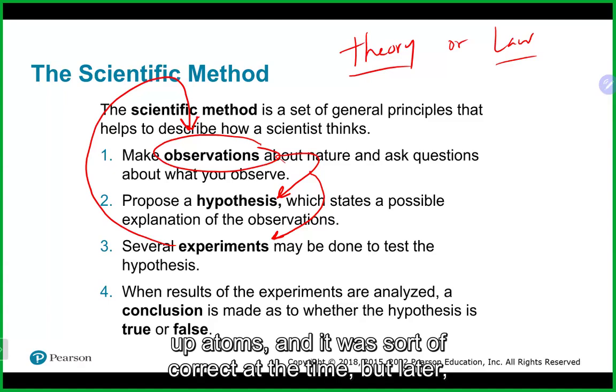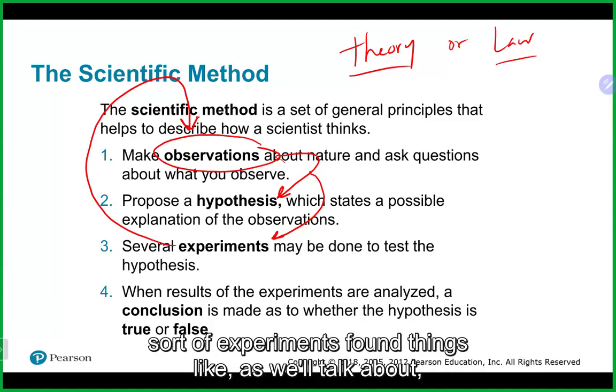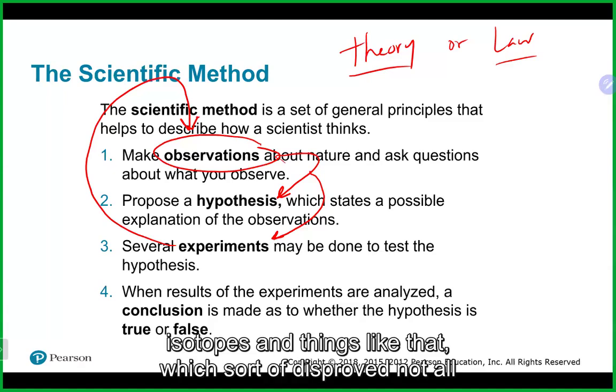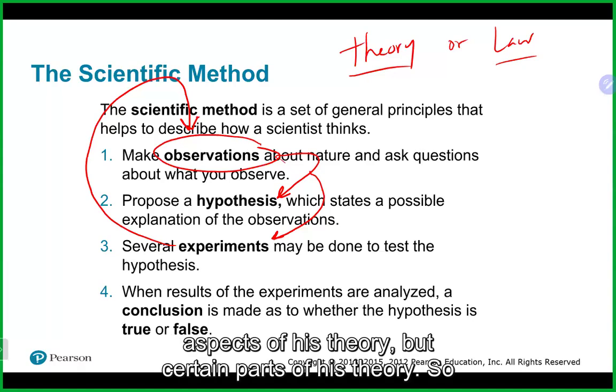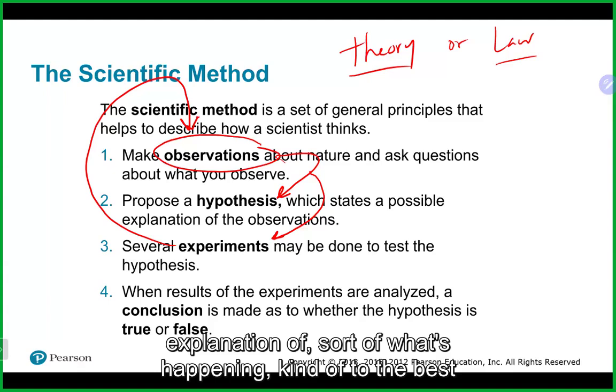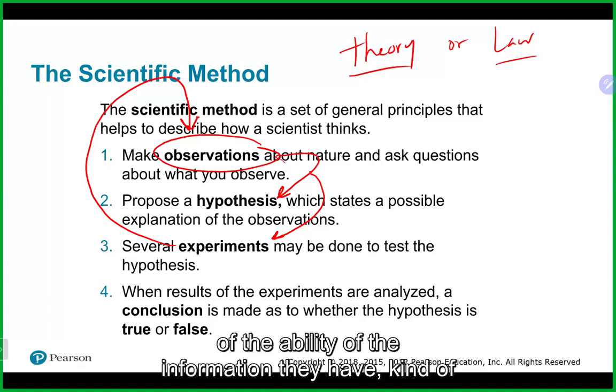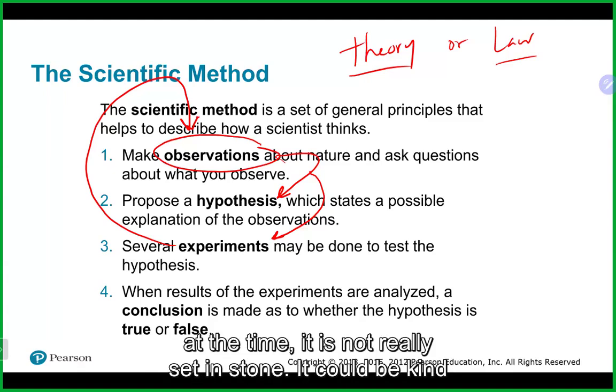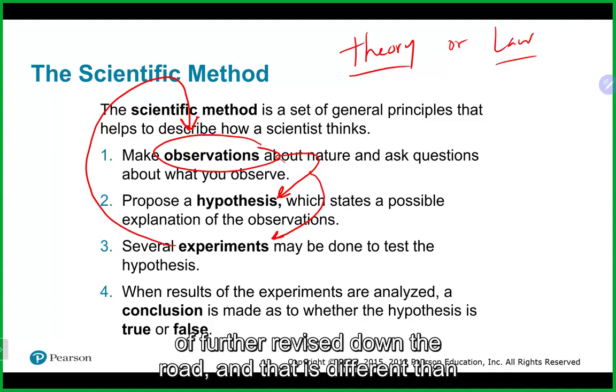It was correct at the time, but later experiments found things like, as we'll talk about, isotopes, which disproved not all aspects of his theory, but certain parts of it. So theories you could think of as a general explanation of what's happening, to the best of the ability of the information they have at the time. It is not really set in stone. It could be further revised down the road.